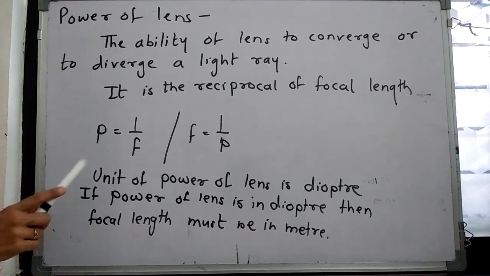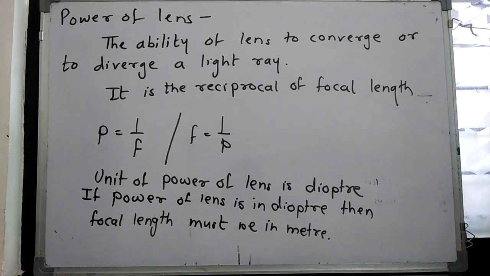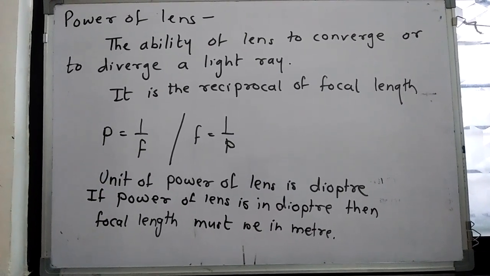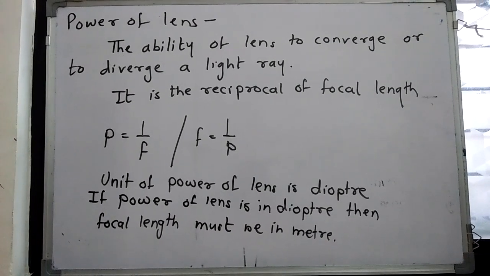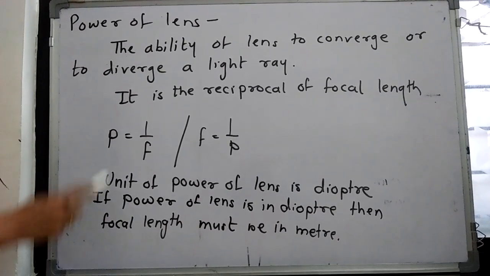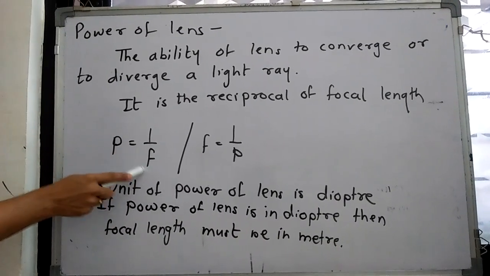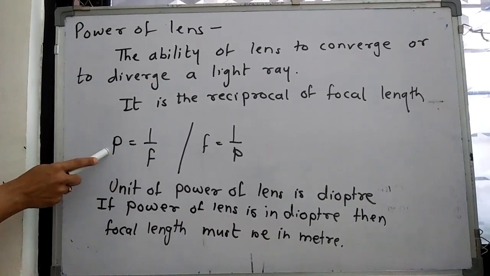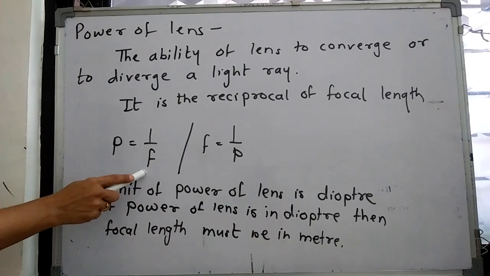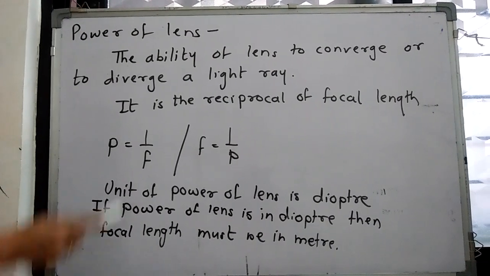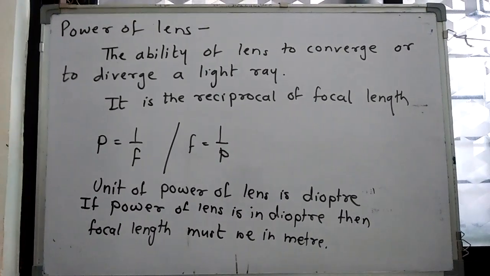But if the power of lens is in diopter, we have to take the focal length in meters. Generally in solving numericals, we are given the focal length in centimeters, and we are asked to calculate the power of lens. So if the focal length is given in centimeters and you want to calculate the power of lens, first of all we have to convert the focal length from centimeters to meters, and then we can calculate the power of lens.